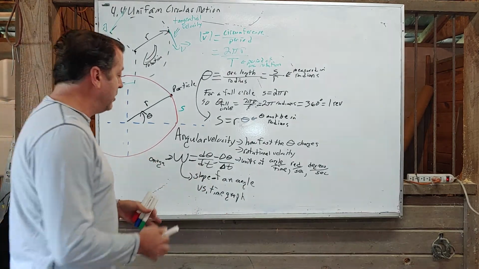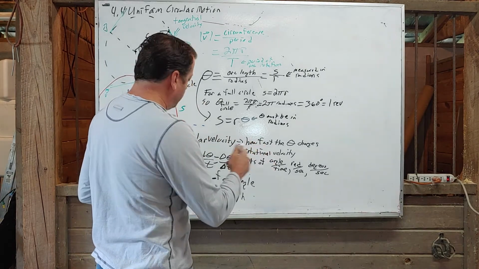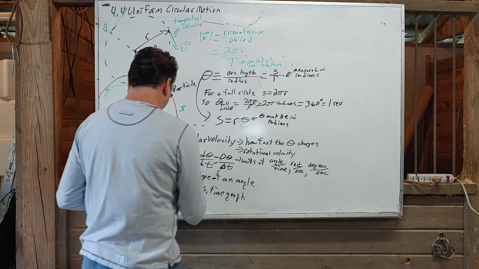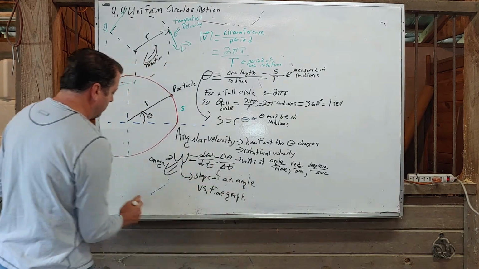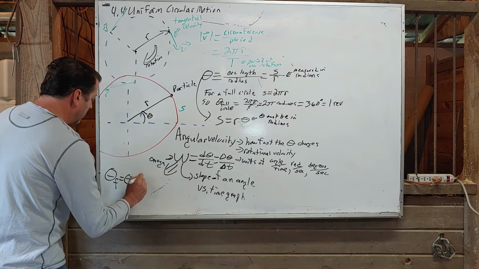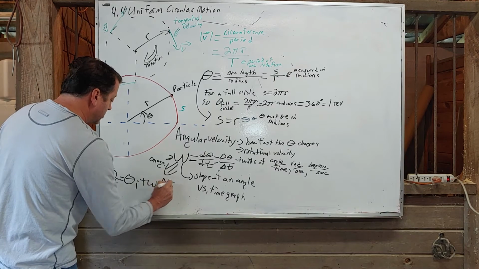But as opposed to position, we're doing angle, and I'm going to put this down here because I'm running out of room. We say that final angle equals initial angle plus the angular velocity times the change in time.